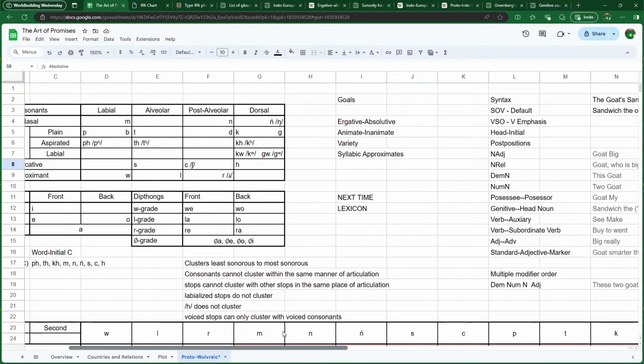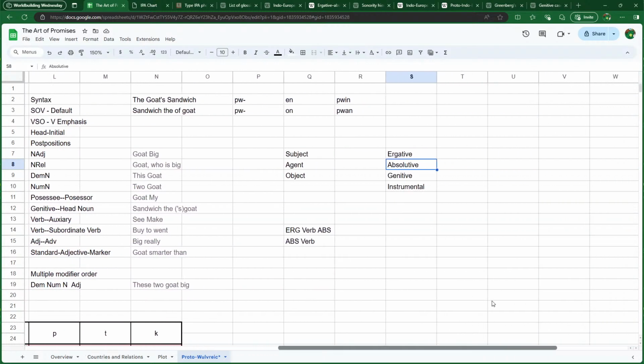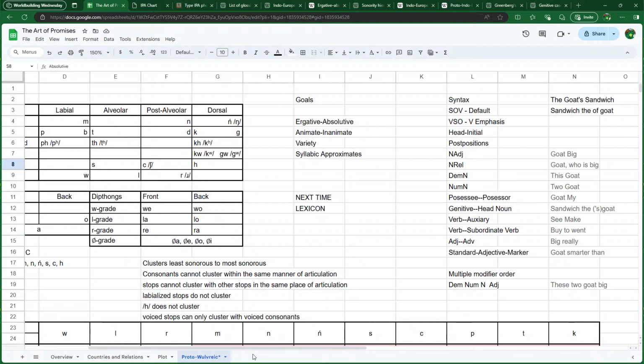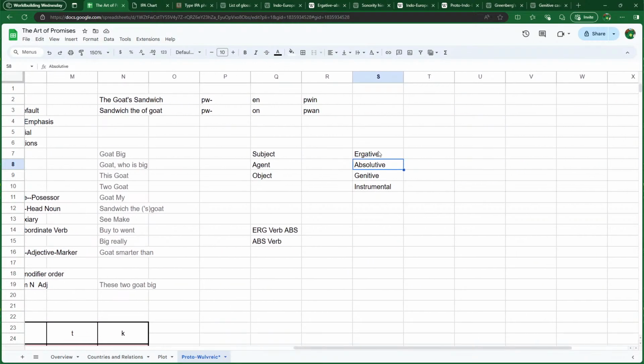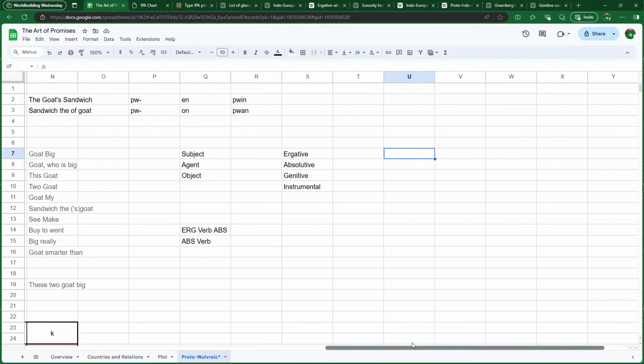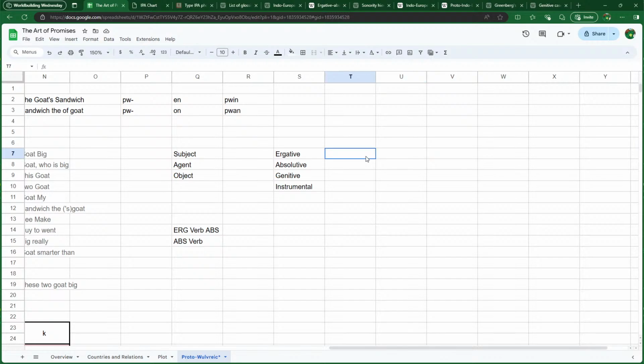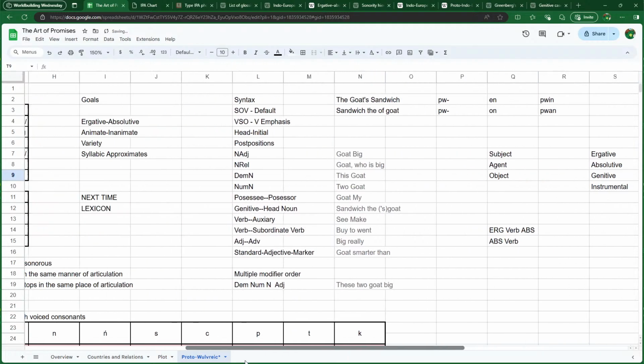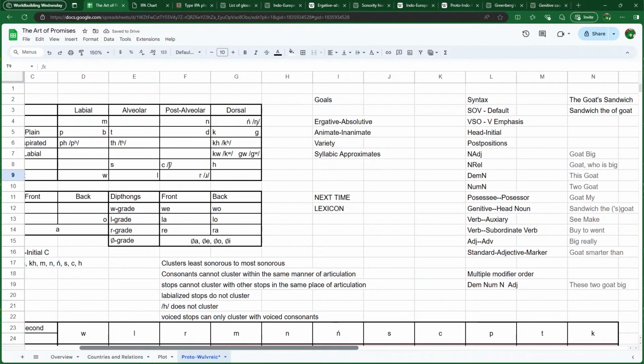I think W grade should be ergative absolutive. So if we have... whoa. I think it makes sense to keep genitive as the 0 grade because it doesn't really go with anything.